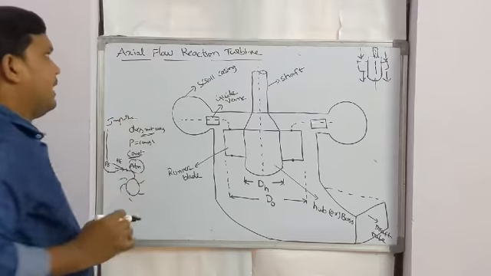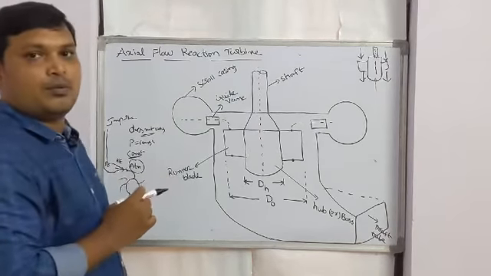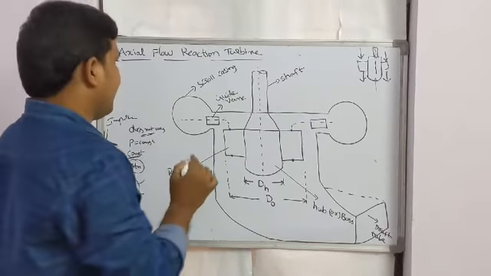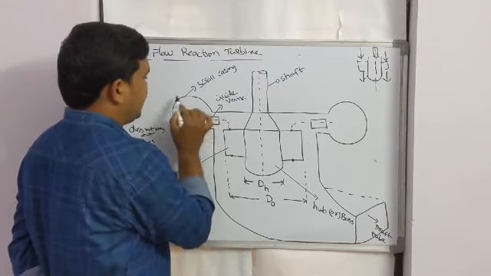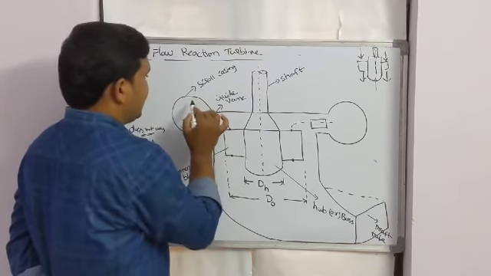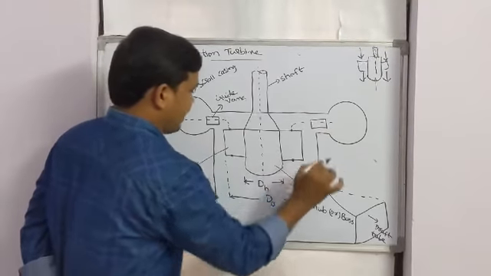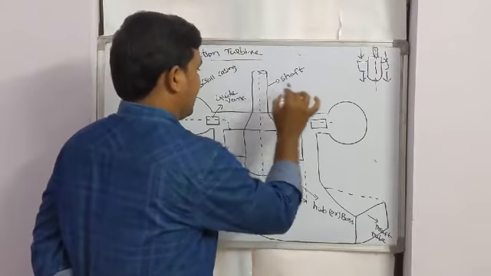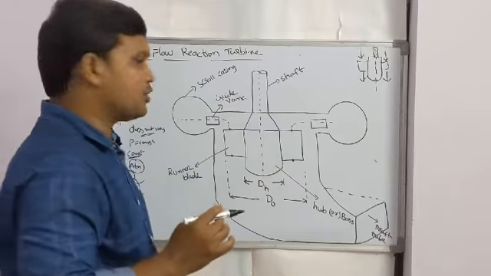But in a reaction turbine, the pressure energy varies, it changes. The pressure is not atmospheric, because the water coming from the penstock enters the scroll casing, and the penstock is a closed conduit. The entire turbine blades and runner are placed in a scroll casing, and that scroll casing is a tight, closed conduit.